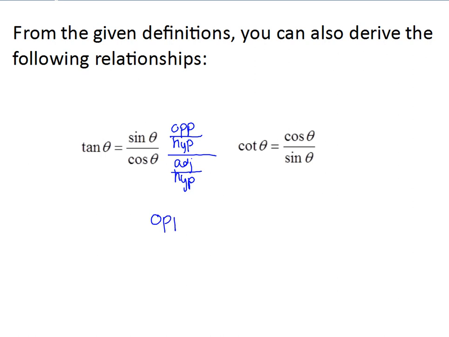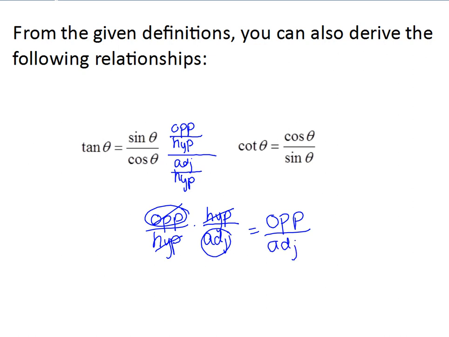So we would have the opposite over the hypotenuse times the hypotenuse over the adjacent. The opposite and the adjacent will be what you're left with because the hypotenuse will cancel. So that's opposite over adjacent, which is actually the tangent function. So if you ever have sine and cosine, sine divided by cosine is tangent, or cosine divided by sine would be cotangent.